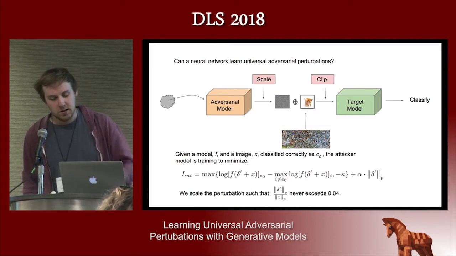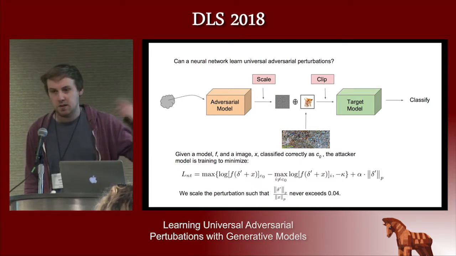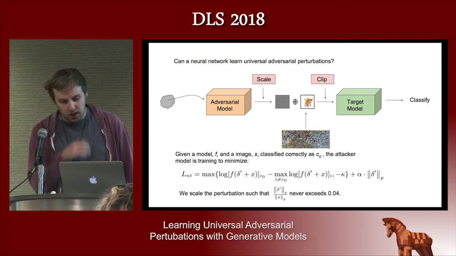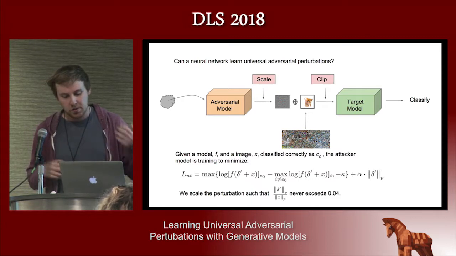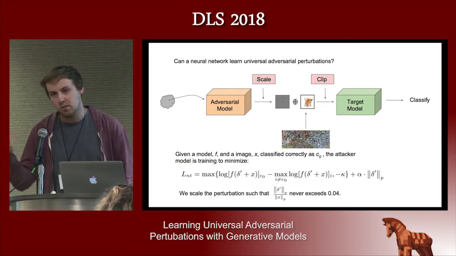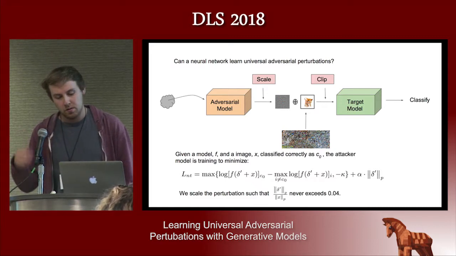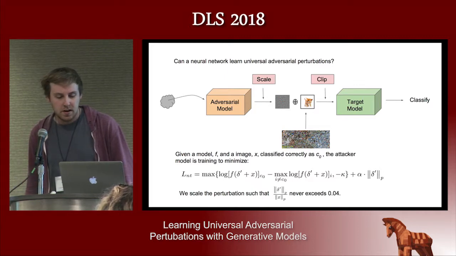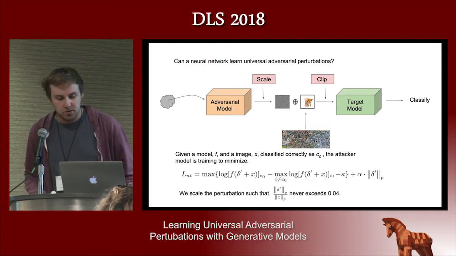Then we have an additional term that tries to minimize the Lp norm of this perturbation, and we scale such that the difference between the norm of the perturbation and the norm of the inputs to the data set is pretty small.